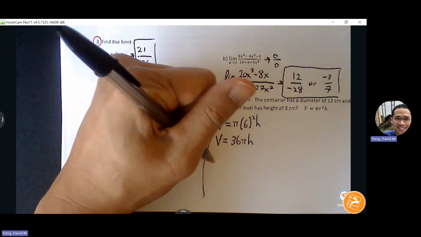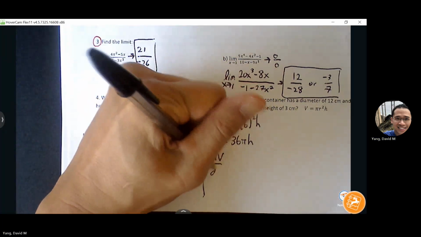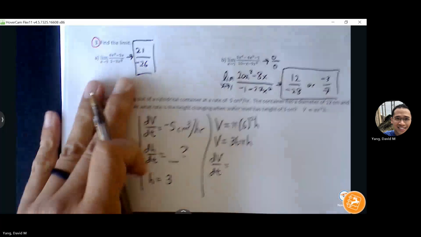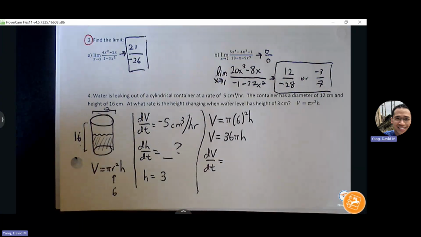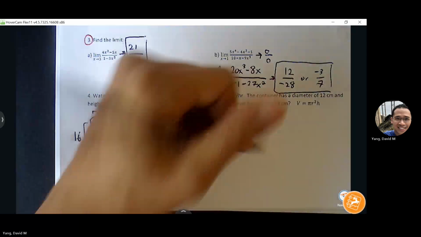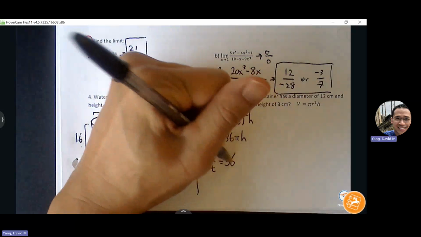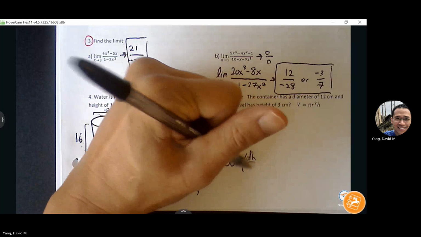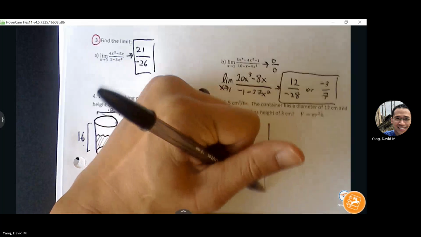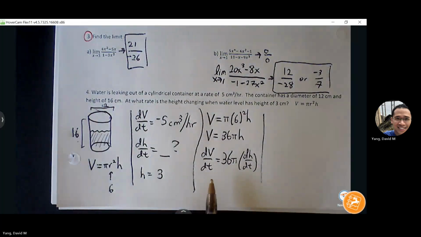V becomes... equals... Good. All right, do we have enough to solve for our missing variable?